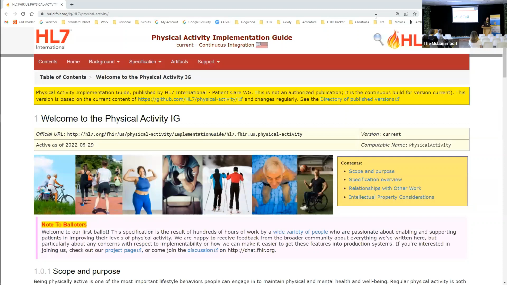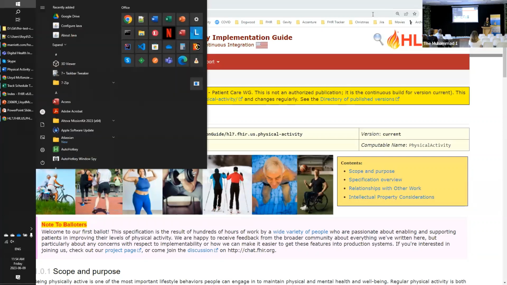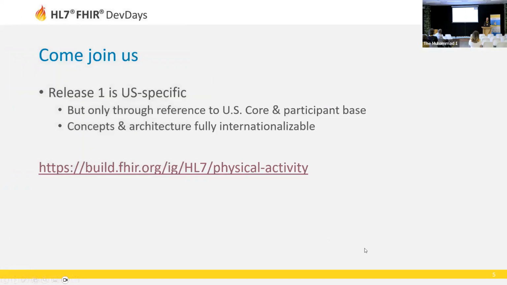And while in Europe you're better than us in North America from a physical activity perspective, all of us can stand to improve, and all of us can stand to continue to encourage patients to improve.